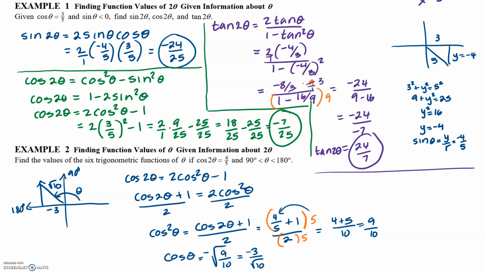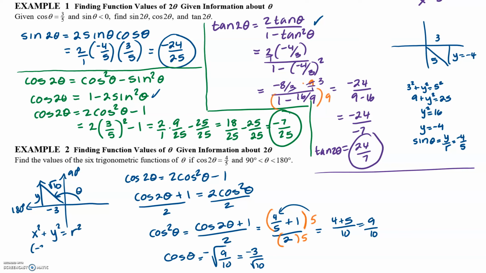You could find sine by using the second version that I have on example 1. And then you could find tangent as well by using another identity. But I'm just going to go ahead and make a picture now. So now we have here that, call this y, x squared plus y squared equals r squared.